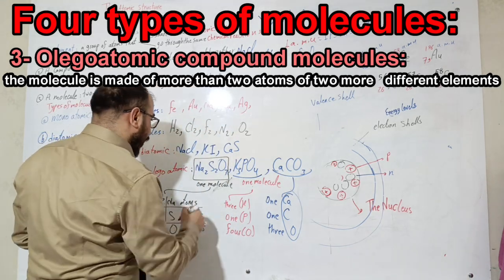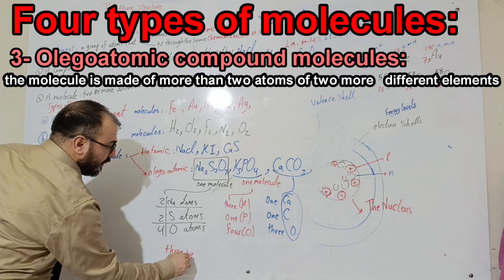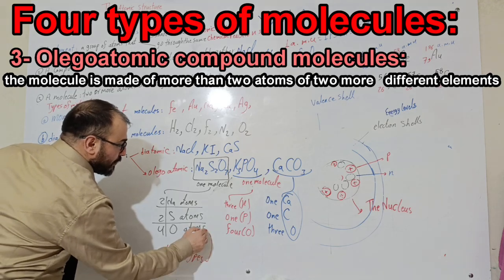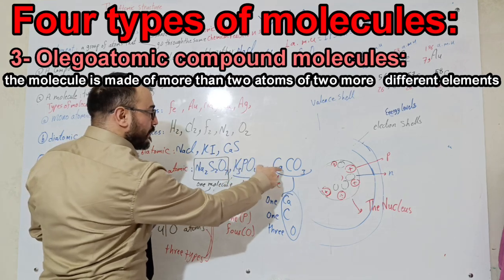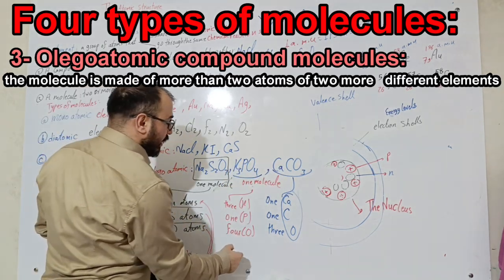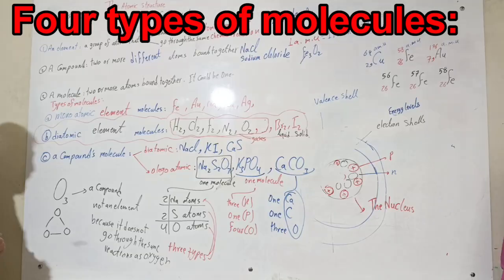And we have here, how many types? We have 3 types of atoms. We have also here 3 types, and here 3 types of atoms. 3 different types of atoms.